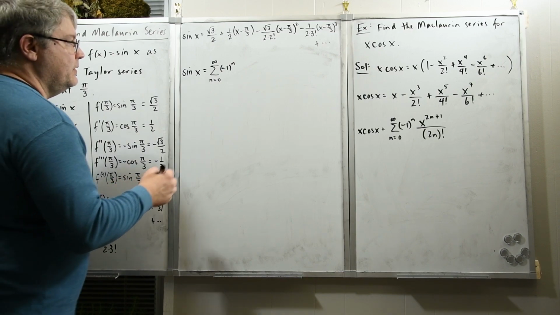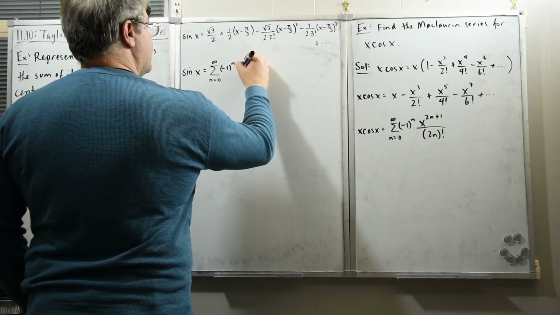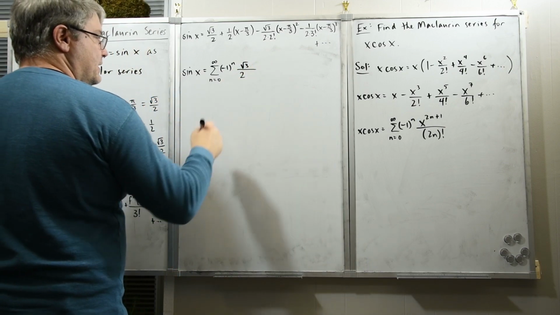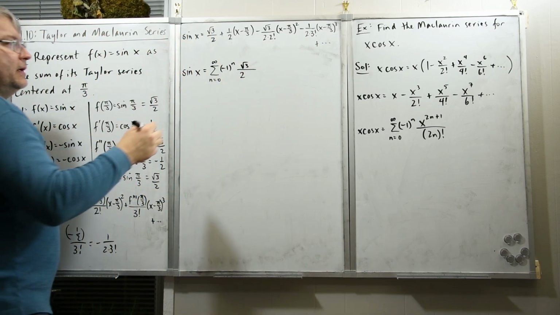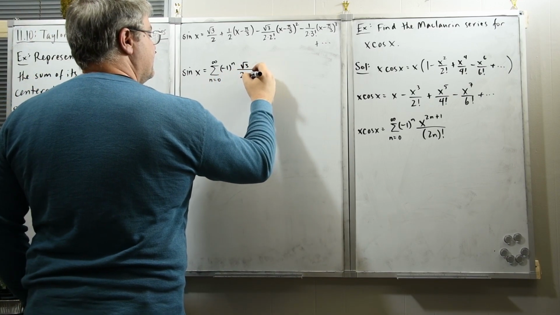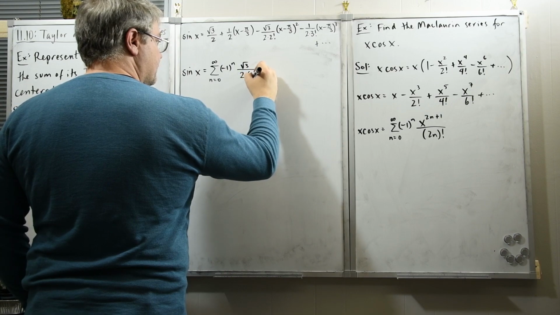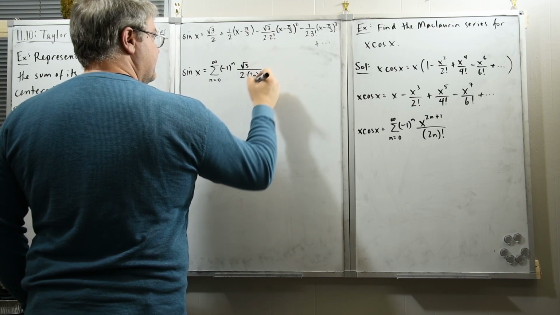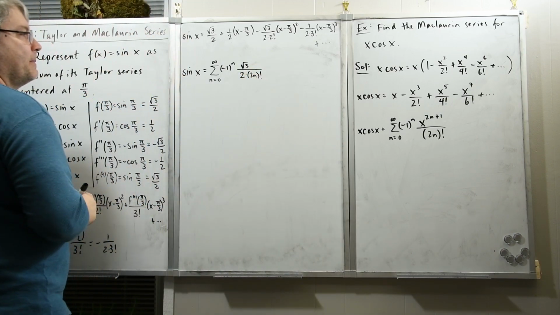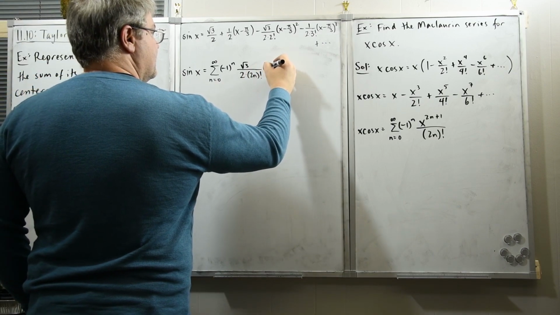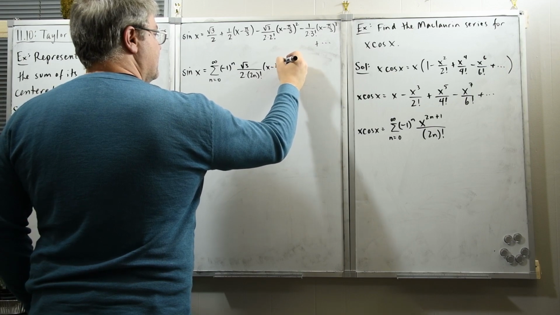But you're always going to have this square root of 3 up top, 2 on the bottom, because you're going to have a root 3 over 2 showing up. But then you'll have that multiplied by your, it's actually going to be 2n factorial. And then this will be times x minus pi over 3 raised to the 2n.